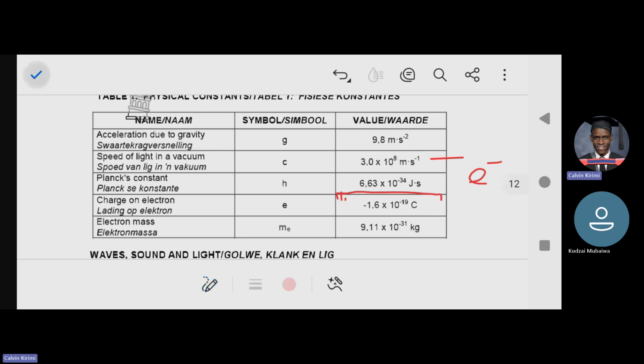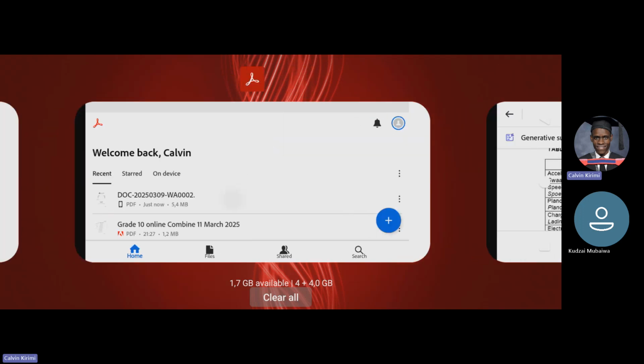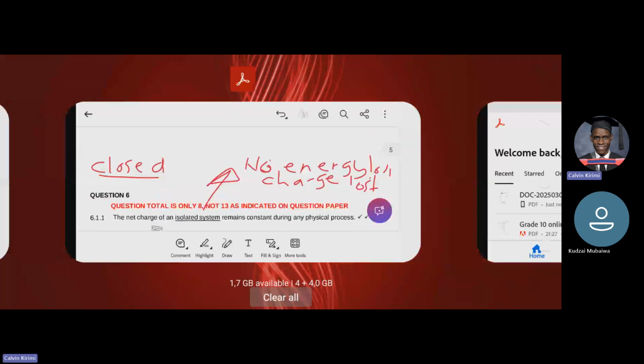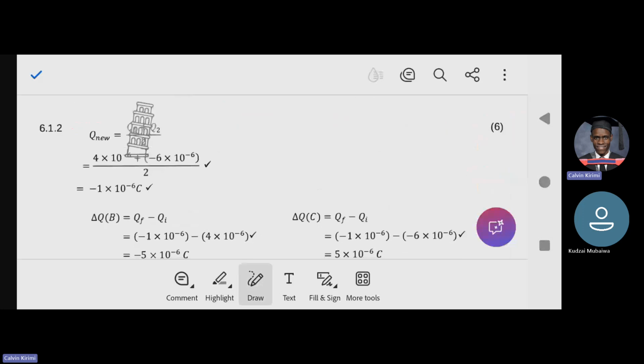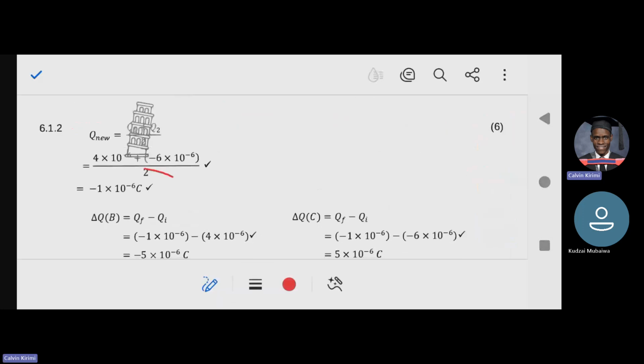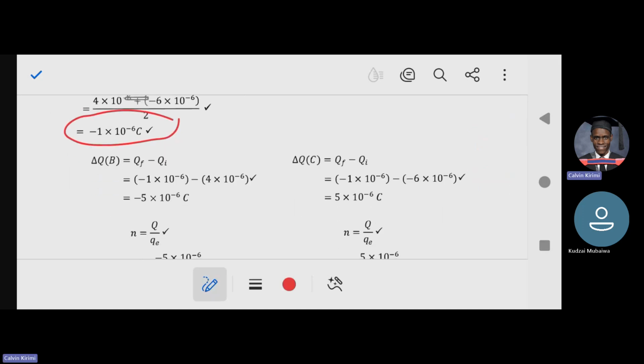So now, the matter of substitution. We come here to our formula. We have found that the charge on each sphere is this one. How much was the gain? The gain on Q, this is what they did. This is the final charge.